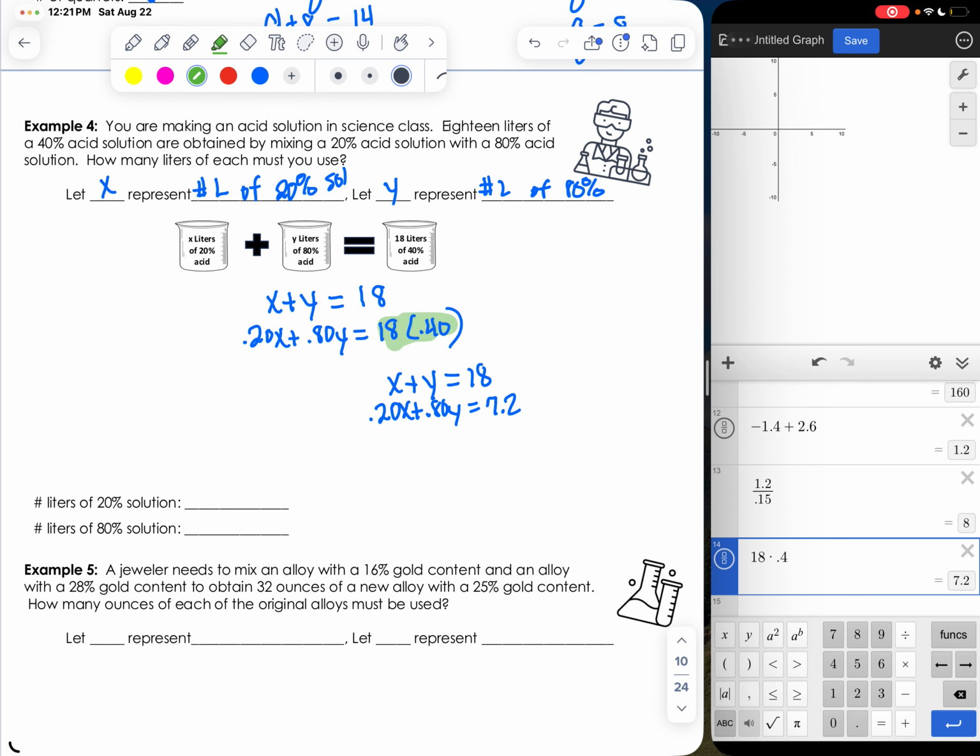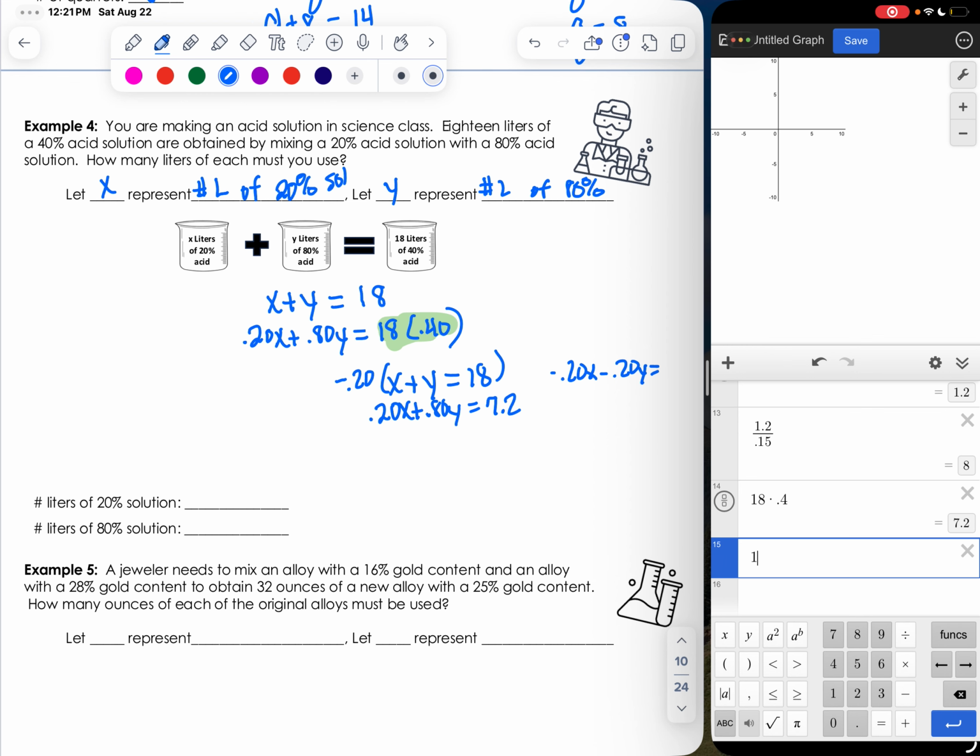All right. So now we can use elimination to solve this. I'm just going to multiply this top equation by negative 0.20. And that would give me negative 0.20x minus 0.20y equals 18 times negative 0.2, which is negative 3.6.